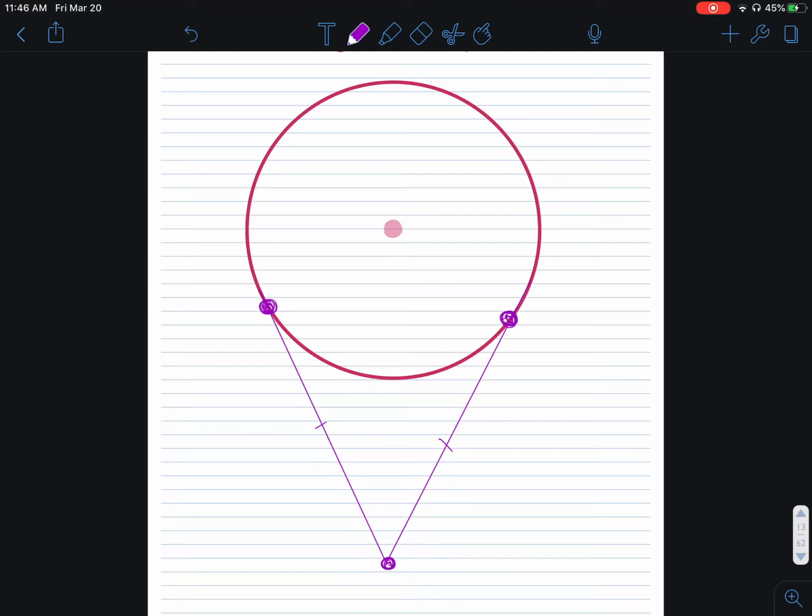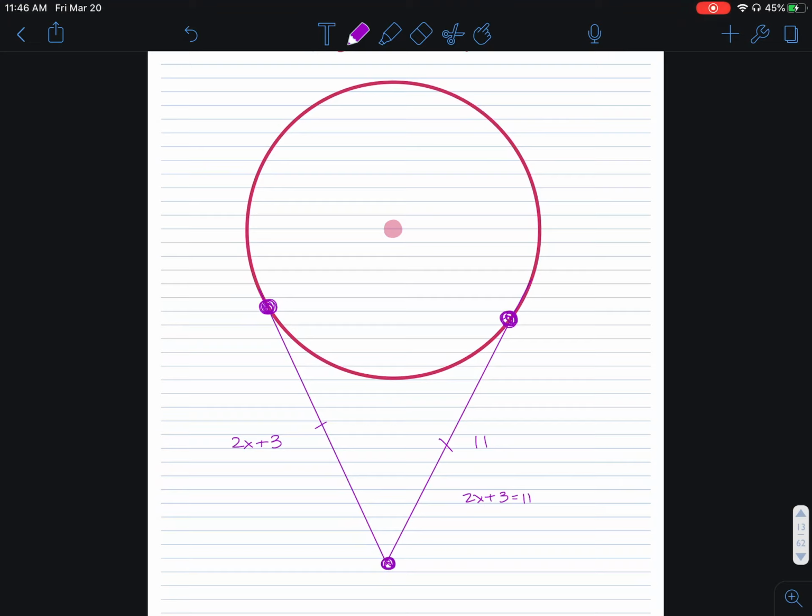So let's say the part on the left was 2x plus 3. Let's say the part on the right was 11. Well, because I know properties of tangents of a circle, I know that because I have two tangents and they meet outside of the circle, they are congruent. I can set those two equal to each other. So I have 2x plus 3 equals 11.